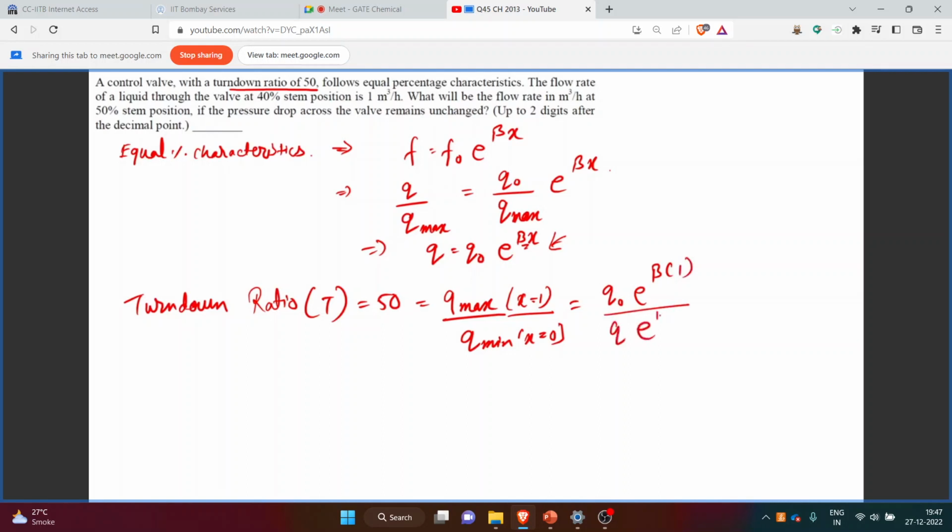For x equal to 0, it will become e raised to beta raised to 0. So 50 will be equal to e raised to beta, divided by 1. The value of beta can be found by taking the natural log on both sides. So beta is equal to ln of 50, which will come around 3.912.